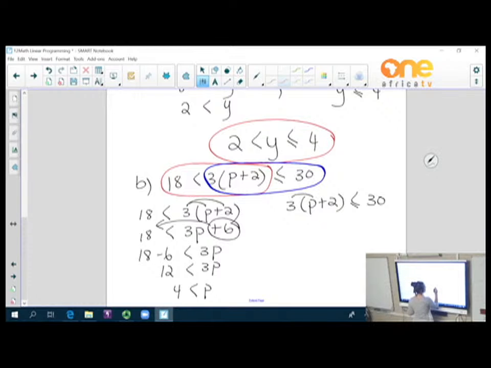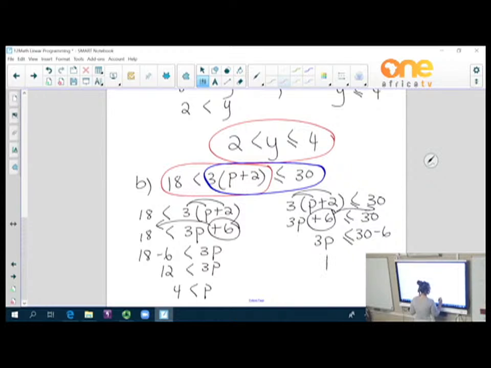The second inequality, also multiplying out your brackets: 3P plus 6 is less than or equal to 30. Like terms to one side, so that we are left with 3P. The positive 6 is taken over and becomes a negative 6.